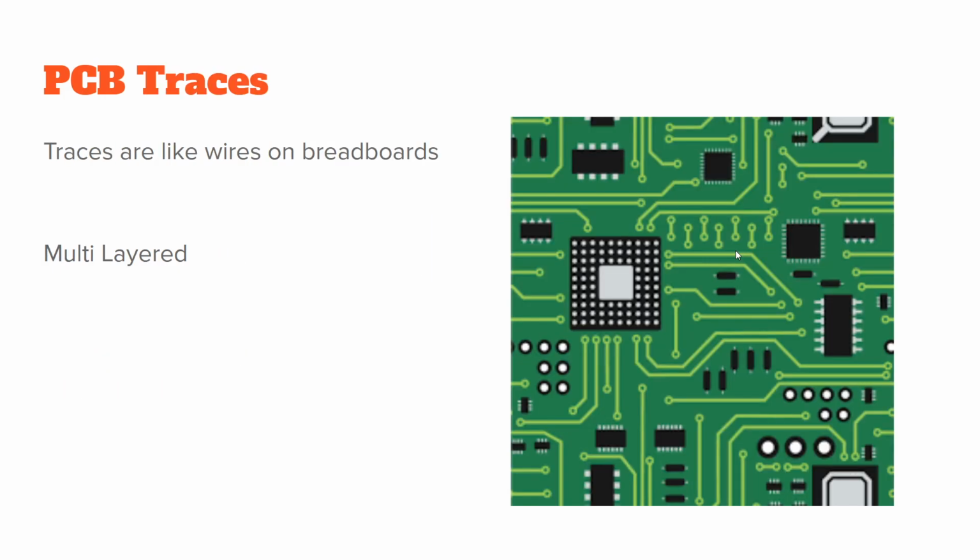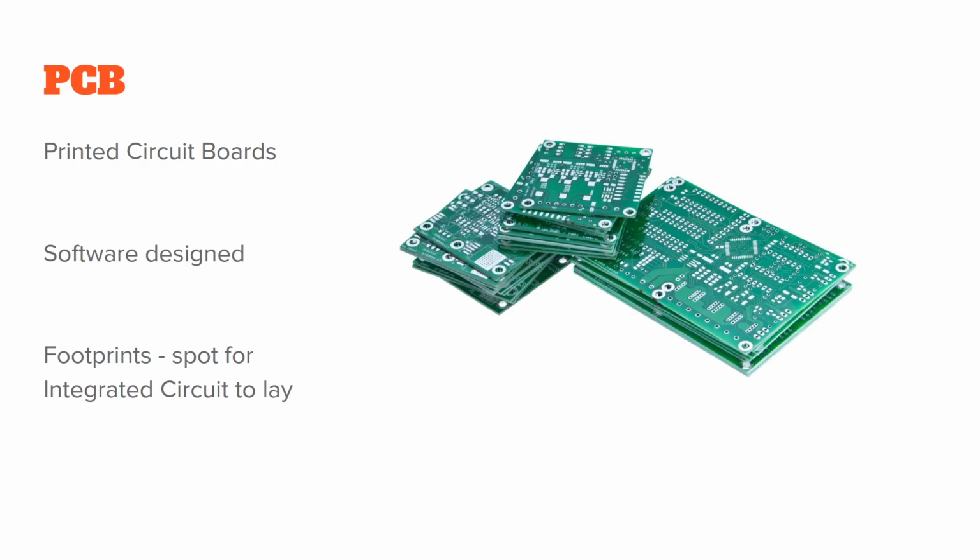Generally PCBs are multi-layered. This one looks pretty standard size to me, but if you flip it over, sometimes PCBs are going to look totally different. That's because they are multi-layered. You can solder on both sides, although I wouldn't recommend it in a lot of cases because it's difficult. But you can do it.